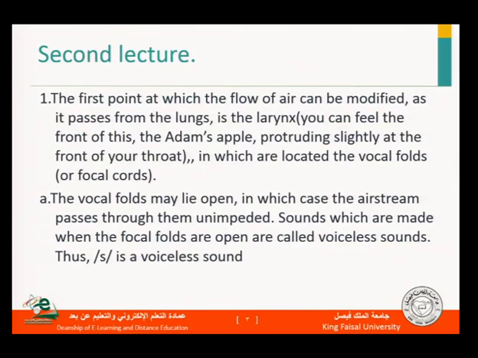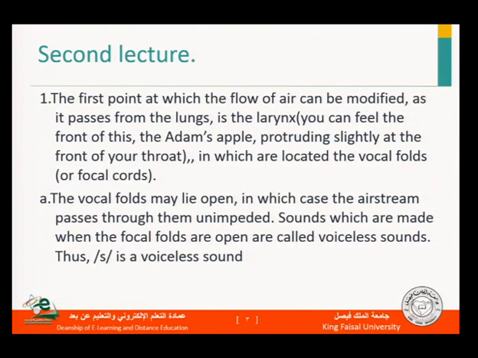Once the air comes out of the body from the larynx, the first place it reaches is what we call the glottis. In the glottis, we have what we call vocal folds.